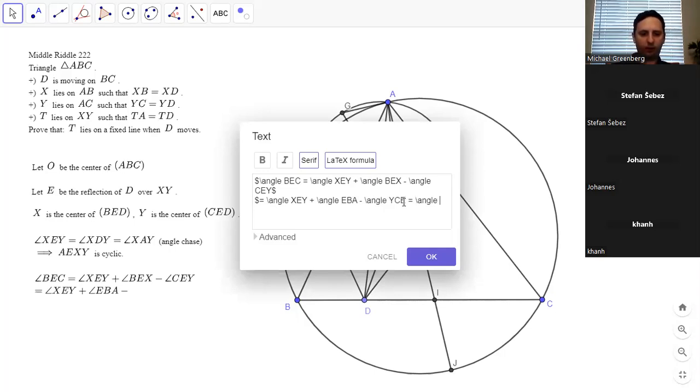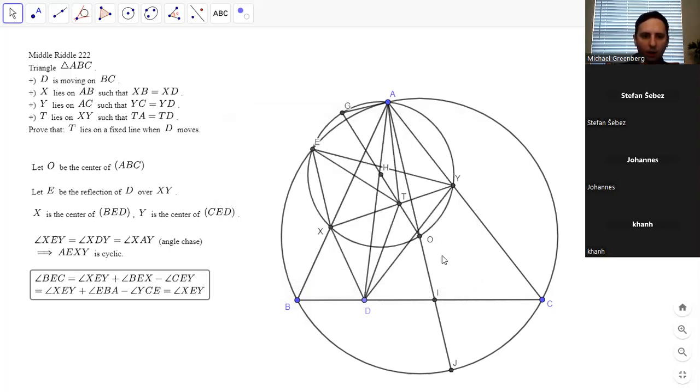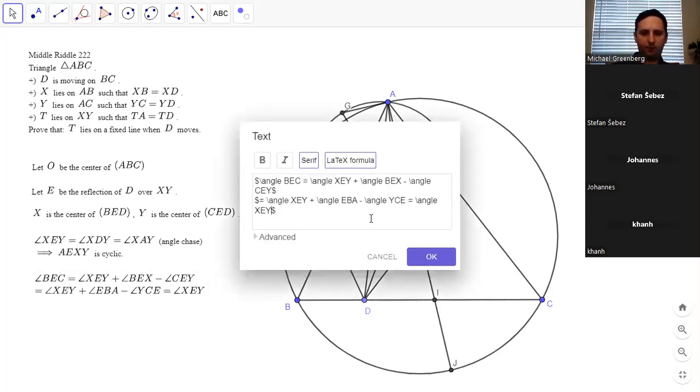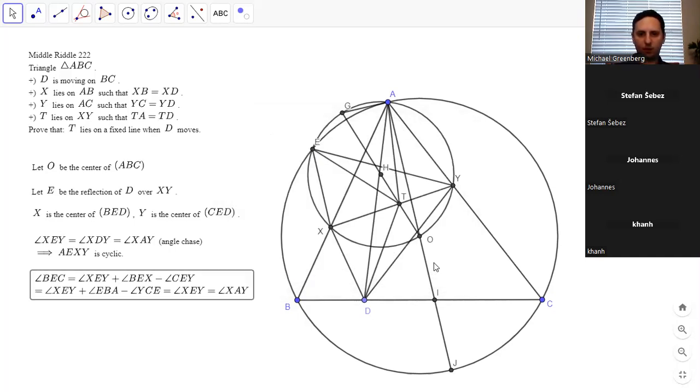So this is just angle XEY, which is XAY. So BEAC is cyclic.